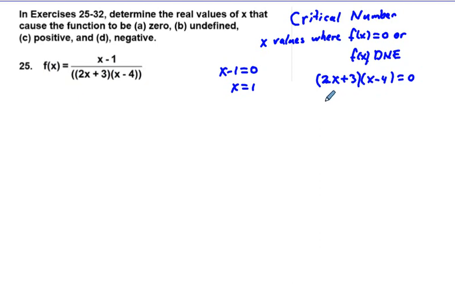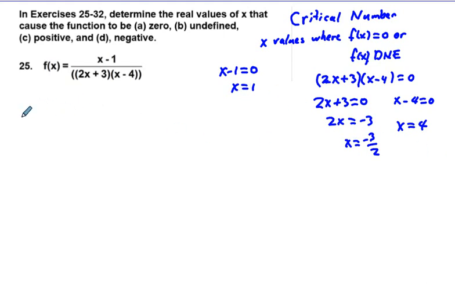Using the zero factor property, 2x plus 3 is equal to 0, and also x minus 4 is equal to 0. Then we solve for x: 2x is equal to negative 3, so x is equal to negative 3 over 2, and then x is equal to 4. So our three critical numbers are x equals negative 3 over 2, x equals 1, and x equals 4.